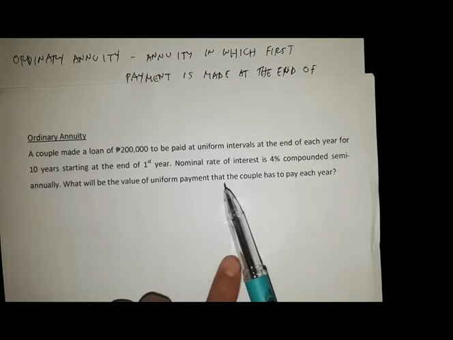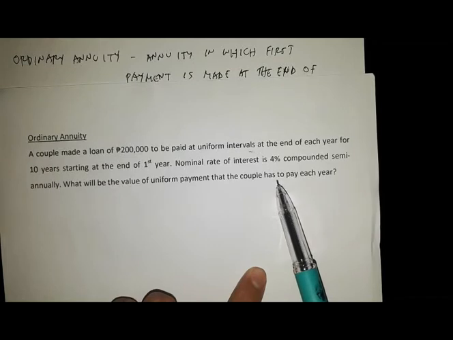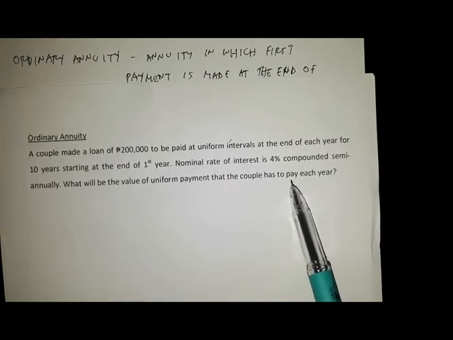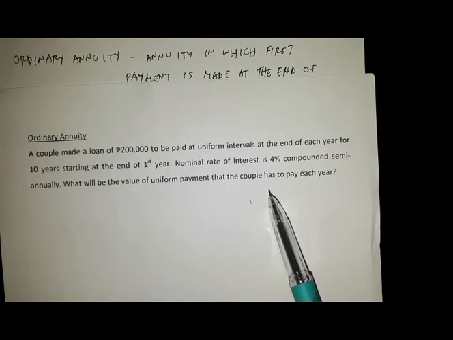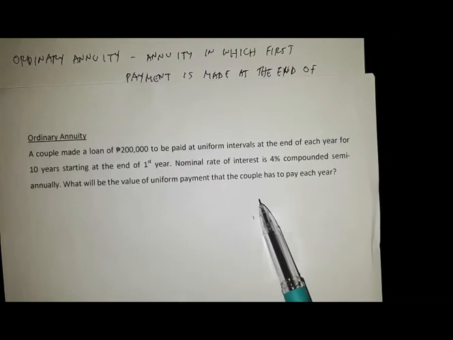The nominal rate of interest is 4% compounded semi-annually. What will be the value of the uniform payment that the couple has to pay each year?